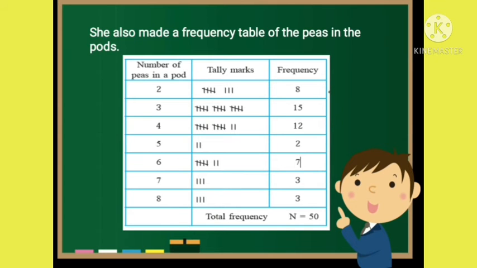In the second column, the tally marks, and in the third column, frequency, the number of times that number is appearing, that is written under the frequency column. At the end, we are adding the total number in the frequency column, which is equal to 50 here.